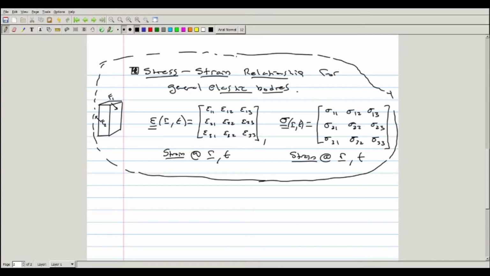But even though these may sound like esoteric objects, they're actually extremely practical and extremely important, because the strain tensor at a given point gives you the amount of stretching this elastic body is doing, and the stress tensor at a given point gives you the amount of forces relative to each axis that you're dealing with.